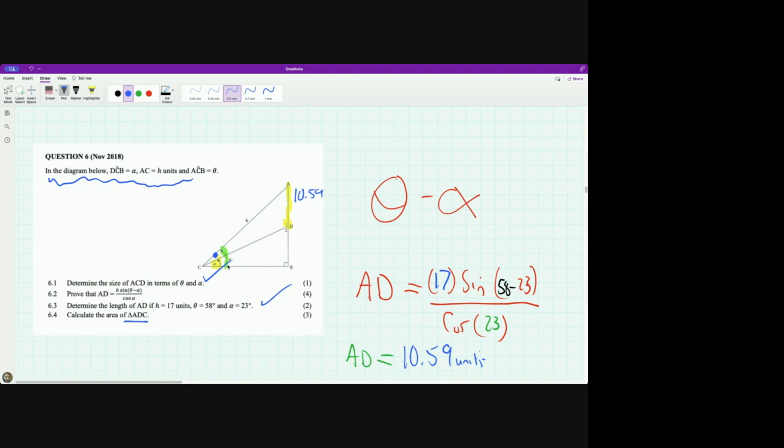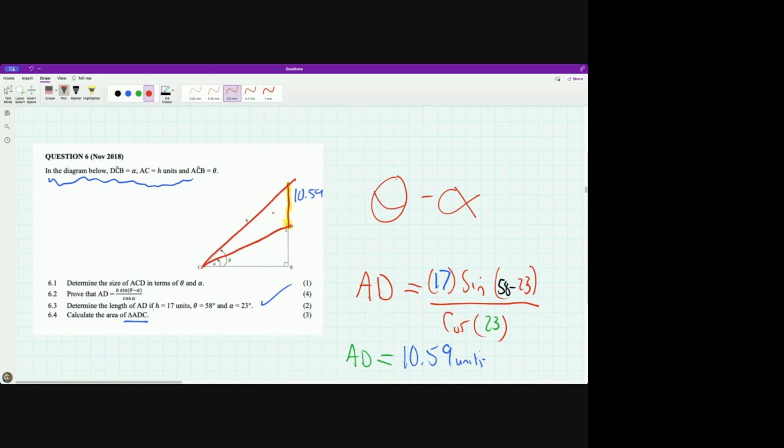So you need to work out what the area of ADC is. Now, where is ADC? That is a triangle, which is here. You've just worked out that that is 10.59. How are we going to figure out the area of this one up here?